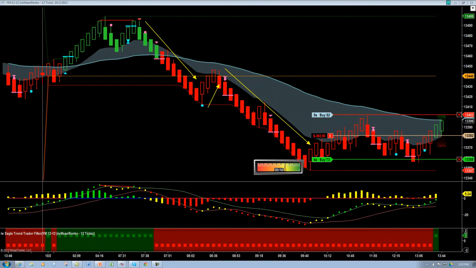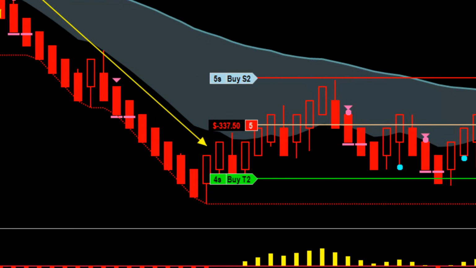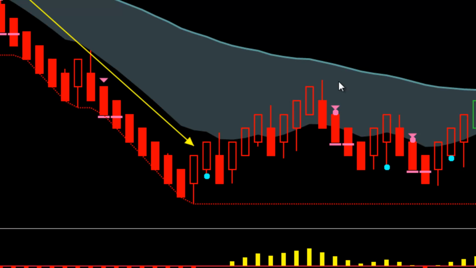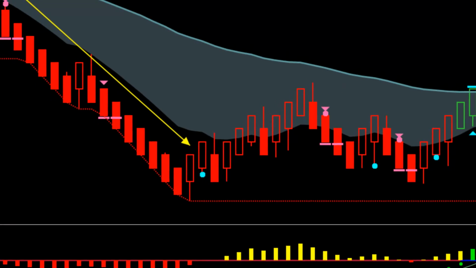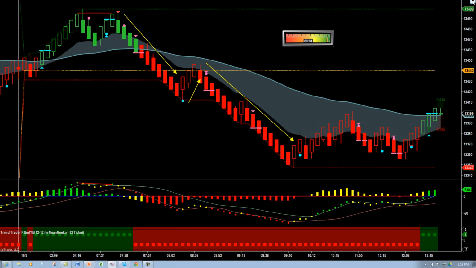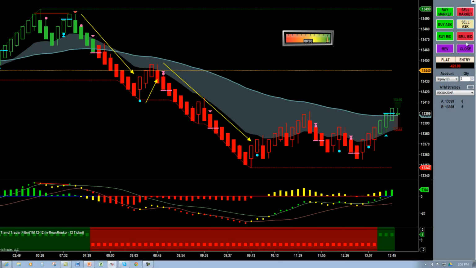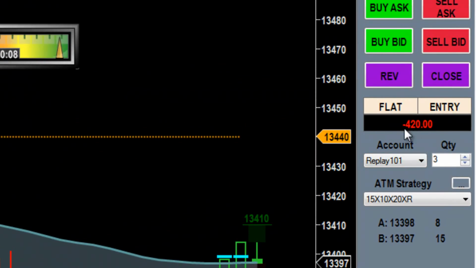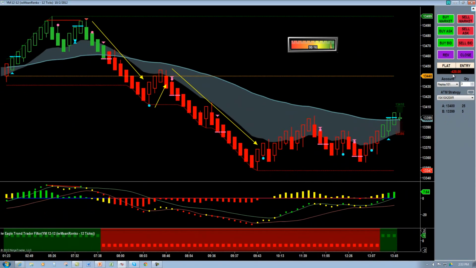As you can see by the numbers right here, what was actually a relatively small loss, even if I'd have taken a full stop on 2, has now gotten much bigger. Let's take a look at the total loss we took on that. For that one trade, because I decided to average in, rather than keep my losses right at roughly $280, now I've added to them and now I'm down $420.